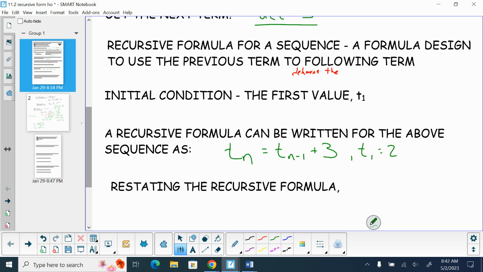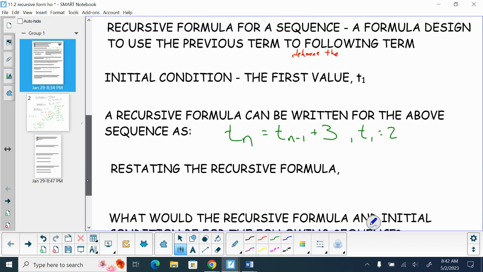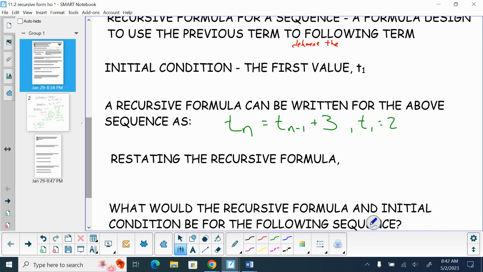So if I now look at what I'm dealing with here, my T1, my first term, is a value of 2. Okay, that's my first term. Okay, let's take a look what happens here. If I look at T2, that means my n value is 2.